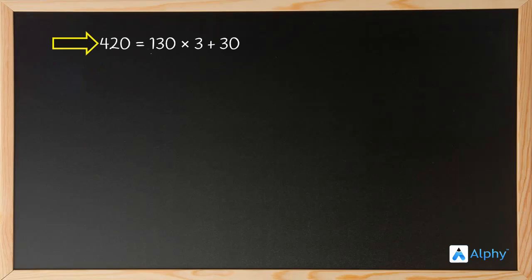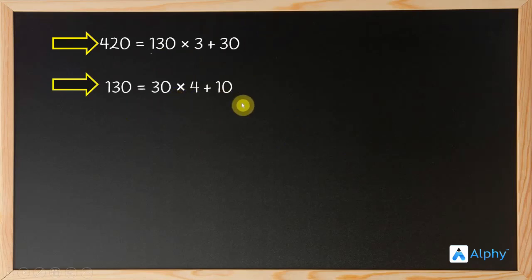Now we need to keep going until we get the remainder as 0. Here the remainder is not 0, so we apply the lemma again, this time with 130 as the dividend and 30 as the divisor. So 130 = 30 × 4 + 10.